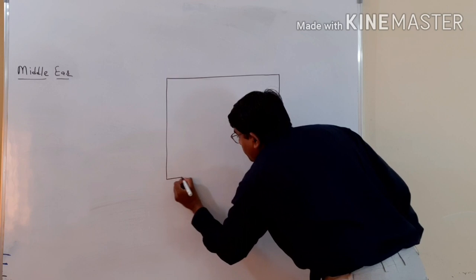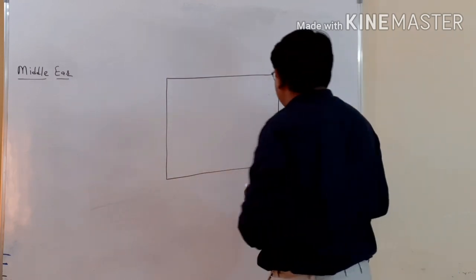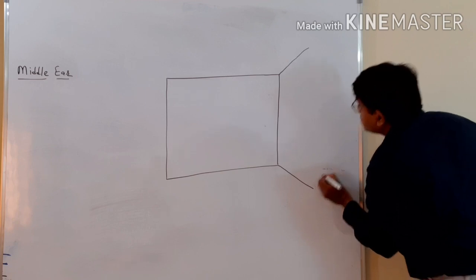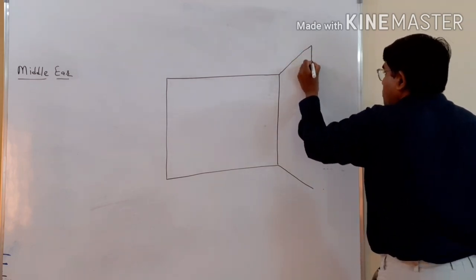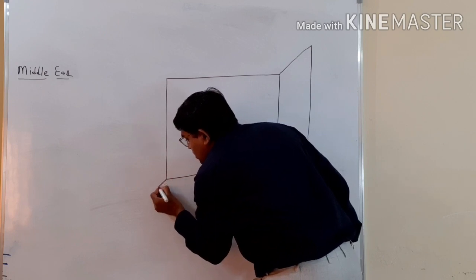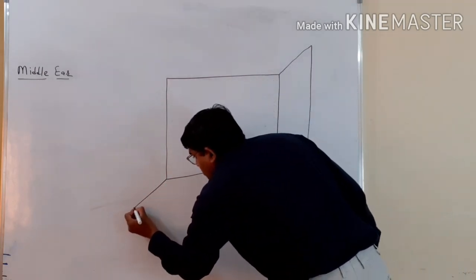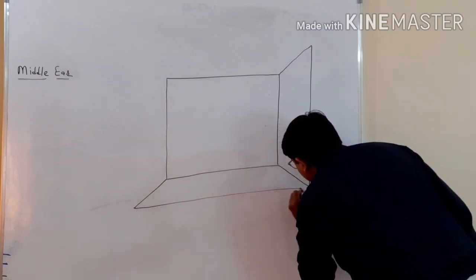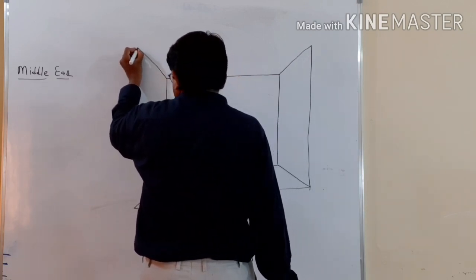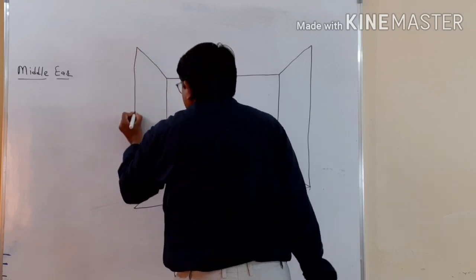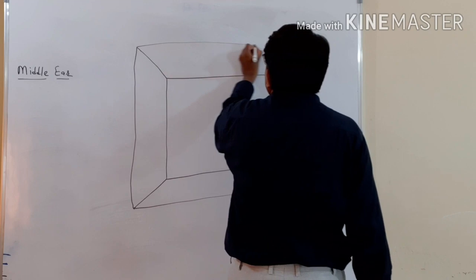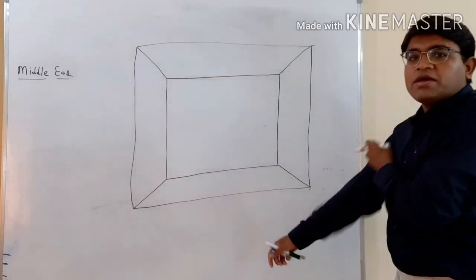First we draw the cube. So this is the middle ear cavity.